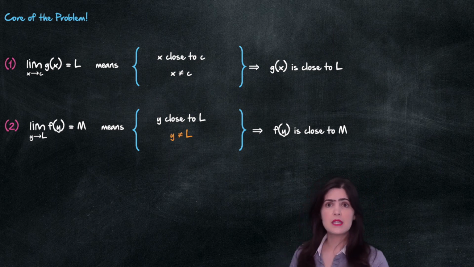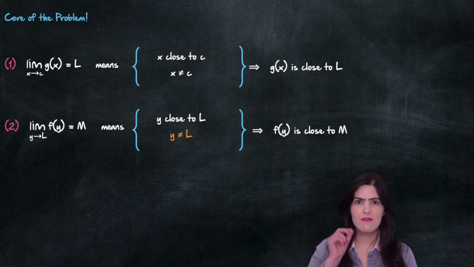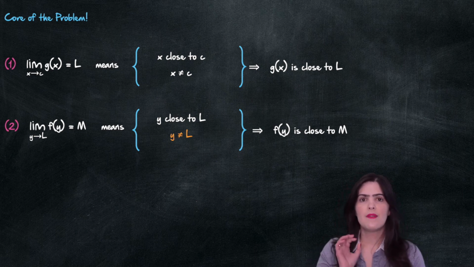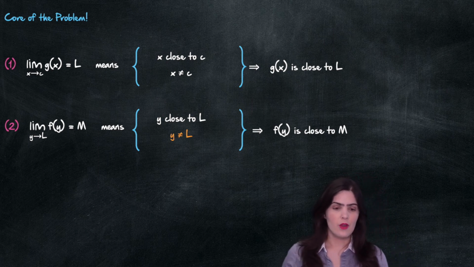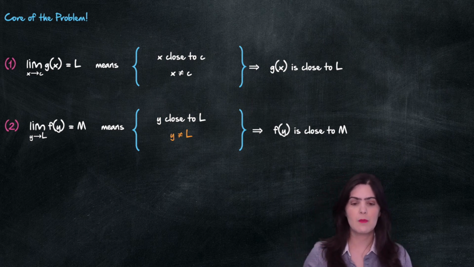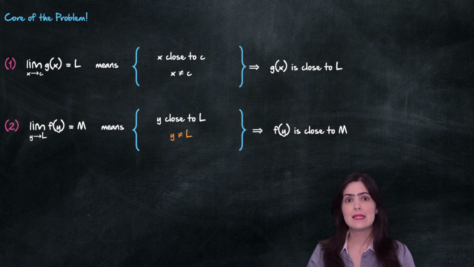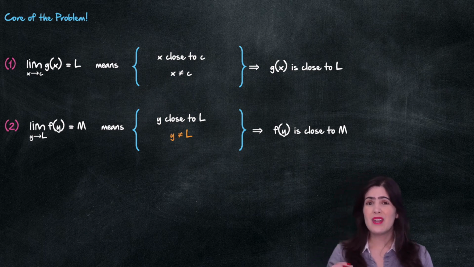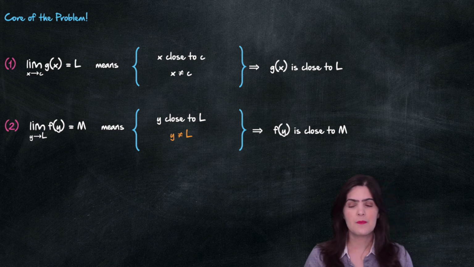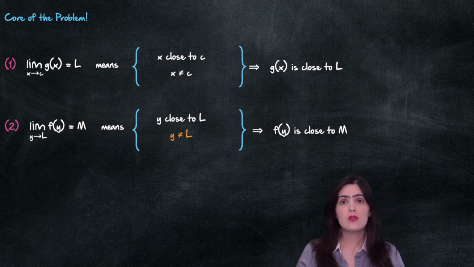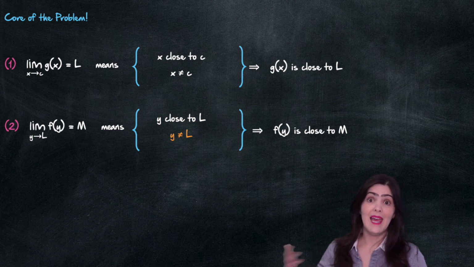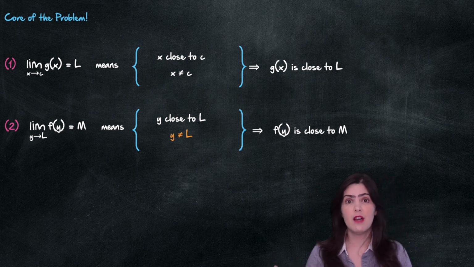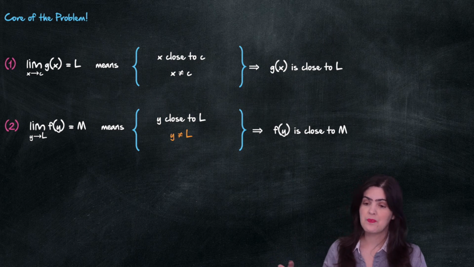And here is where it becomes important to be very, very picky about the details. I wrote in yellow that y is not L. And this is because of the following. From the fact that the limit as x approaches c of g of x equals L, we know that if x is close to c but not c, then g of x is close to L. But g of x could be L, for example, if g is a constant function, like in the example that we just saw.